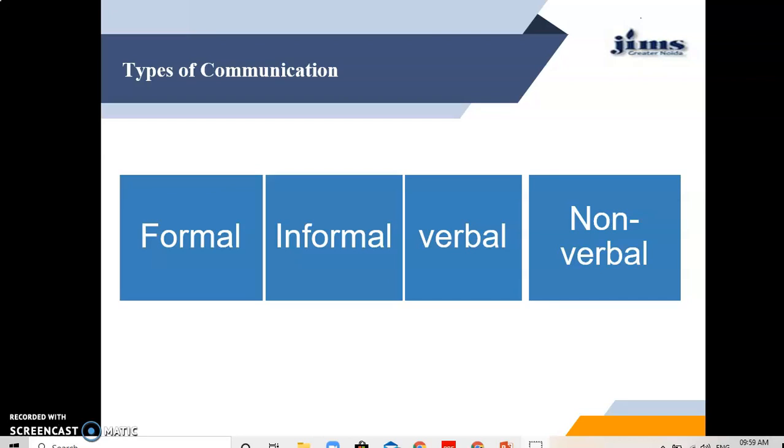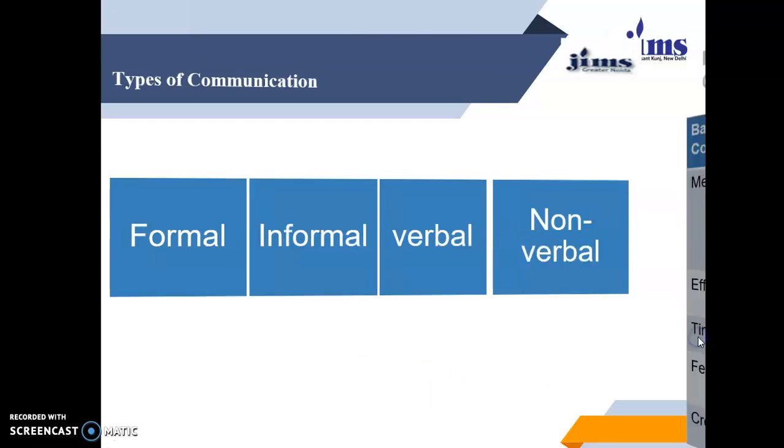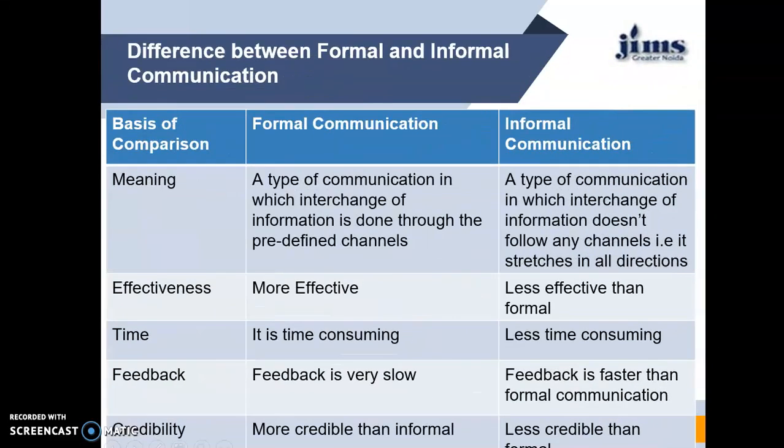Next we move towards another part of it, that is, difference between formal and informal communication. So now we want to differentiate between these two types of communication on the basis of certain dimensions.